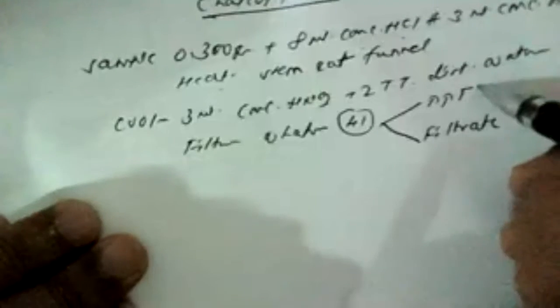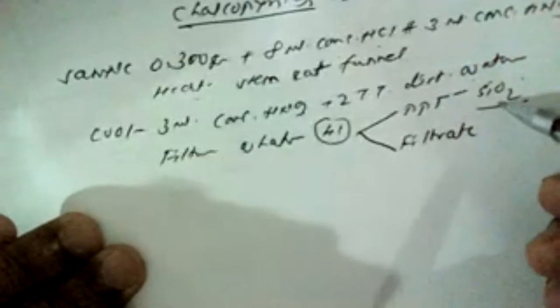On filtration, we obtain a precipitate and a filtrate. The precipitate is of silica, separated out from the naturally occurring ore of chalcopyrites, and the filtrate contains copper and iron. So our aim is to determine silica content as well as copper and iron content.